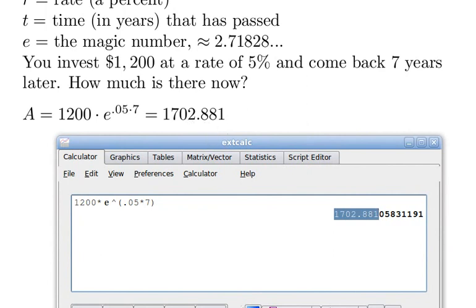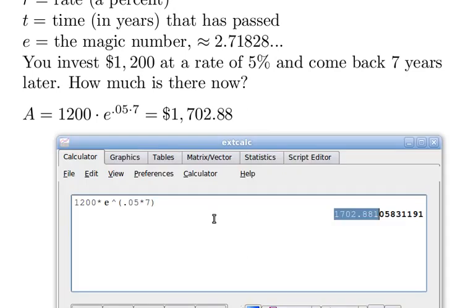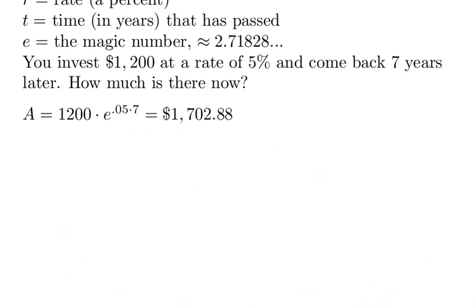We can round off that. I'll go ahead and clear that off. I'll go ahead and put a comma and a dollar sign too. So you have $1,702.88. That's how much you have left after 7 years. Alright, that concludes this example. I'll see you in 12.2 when we start talking about logarithms.